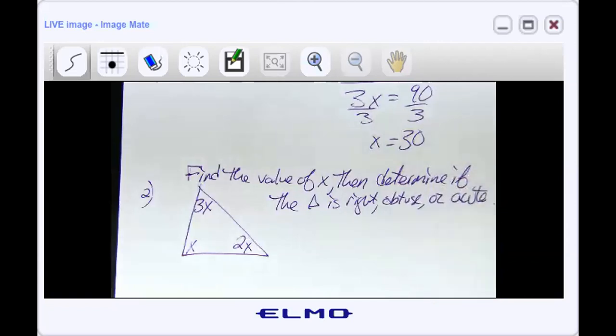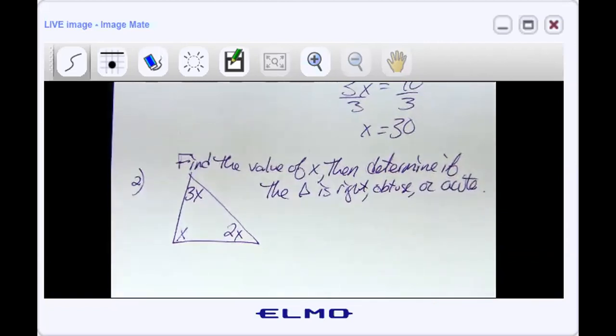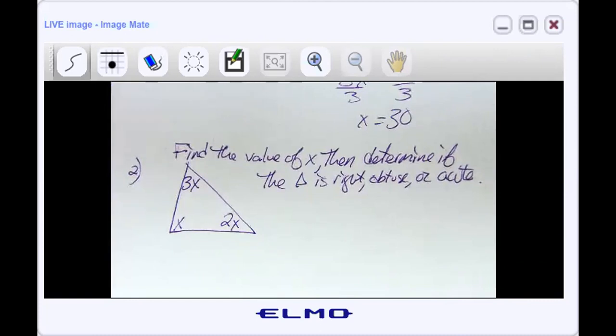So take a minute to do that. You've got to figure out what X is first. Oh, that's funny. X won't always equal the same thing. That just so happened this time.